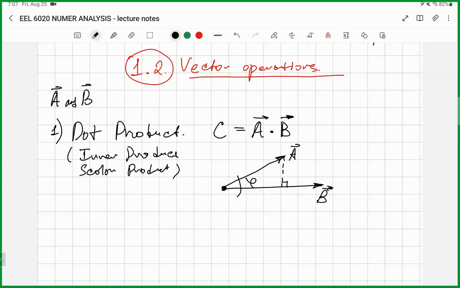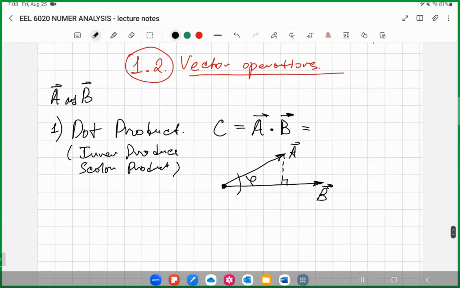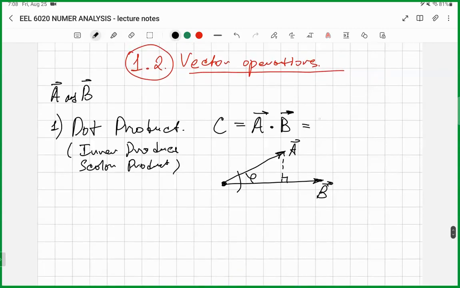So it must be described by the cosine of this angle, because when phi is equal to 90 degrees or pi over 2 radians, the result must be 0. So the result of this operation is the length of vector A, times the length of vector B, multiplied by the cosine of this angle phi.